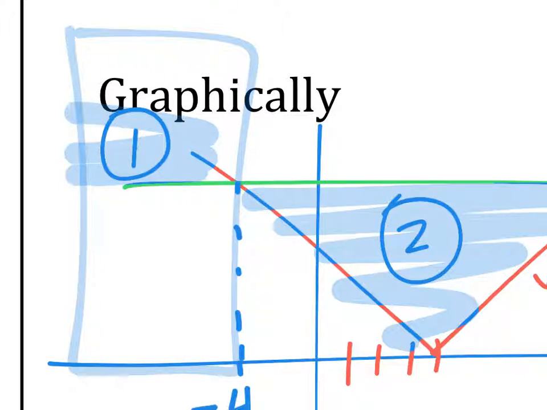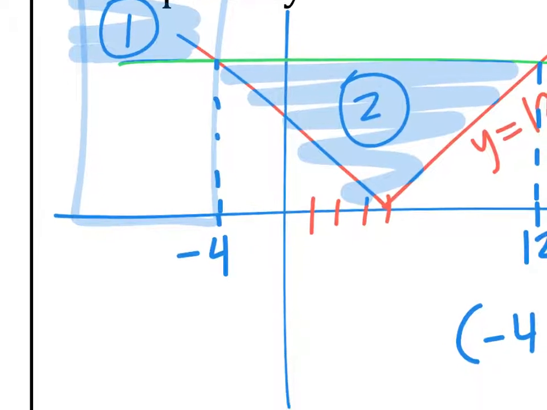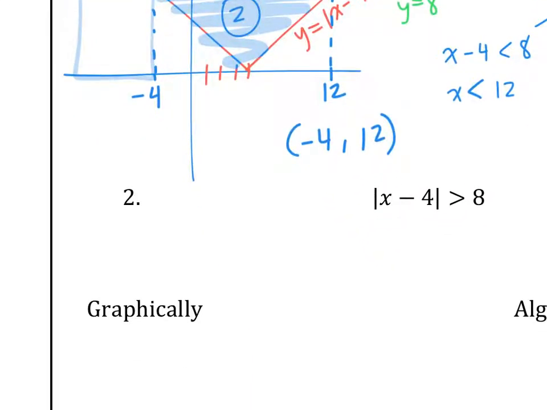No, we're going to start from the very left to that point. Yeah, negative infinity to -4. Negative infinity to -4. Do I include -4? No. Because there's no equal sign on the question.